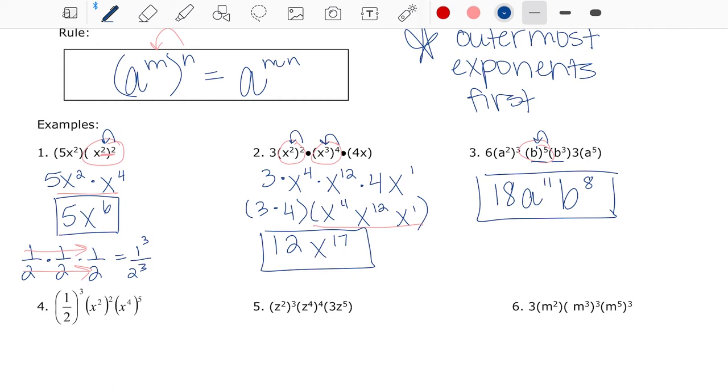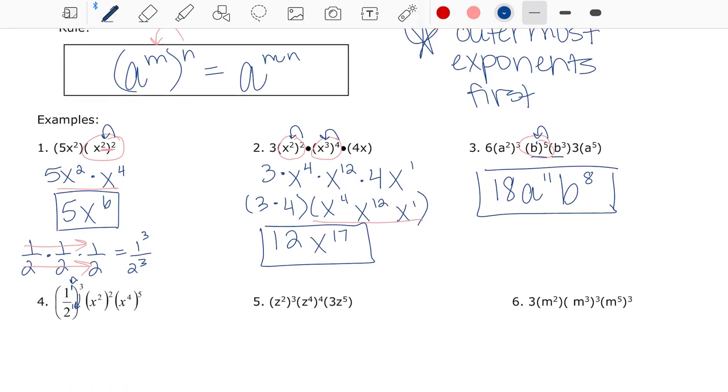So when you see your numbers inside of the fraction, when you don't see your exponent, it's an understood 1. So that 3 multiplied into both of them to give us 1 cubed over 2 cubed, which we know we can simplify to 1 over 8.